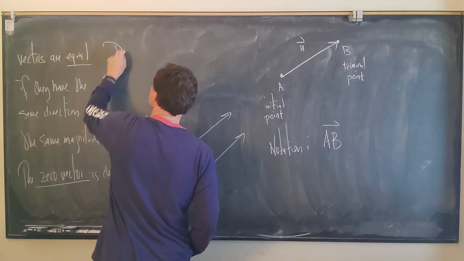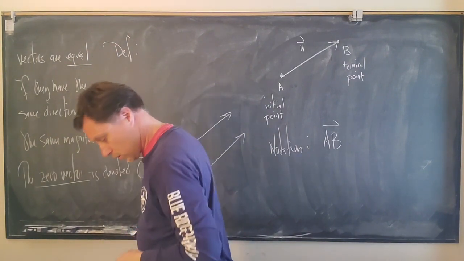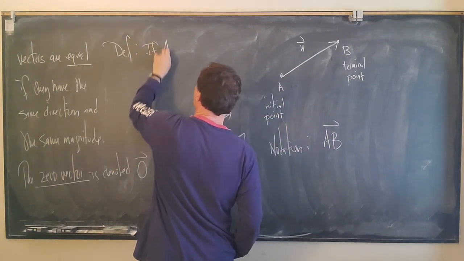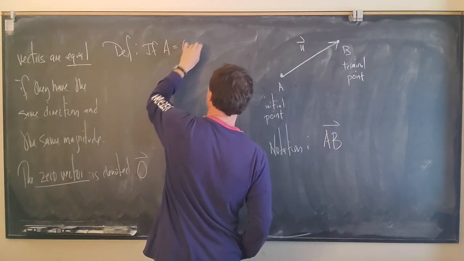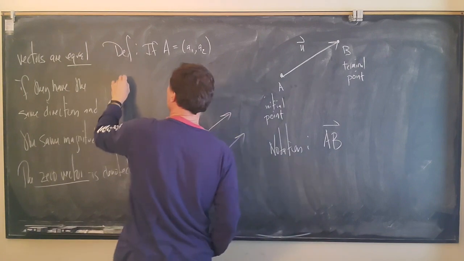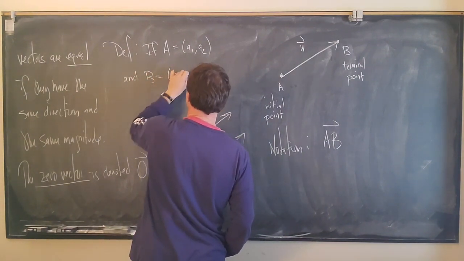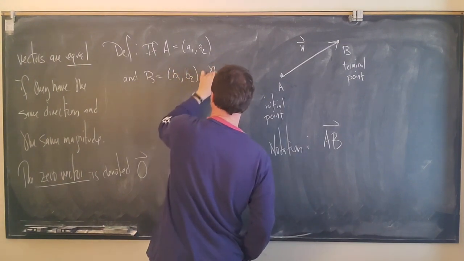So let's say A is the point (A1, A2) and B is the point (B1, B2).